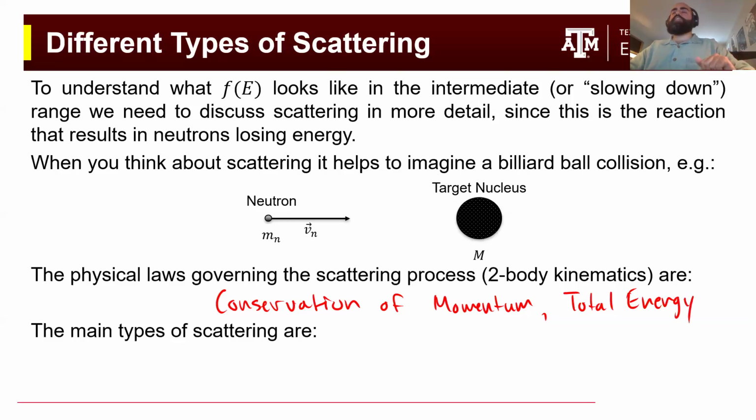The only thing that makes these collisions slightly different than simple billiard ball collisions is that we do have some quantum mechanical stuff peeking its way through. If you have a nuclear reaction, then you can't just conserve energy. You have to conserve total energy, like the mass energy. You have to balance your E equals MC squareds and all that stuff. But it's basically conservation of momentum, and really it would be linear and angular momentum.